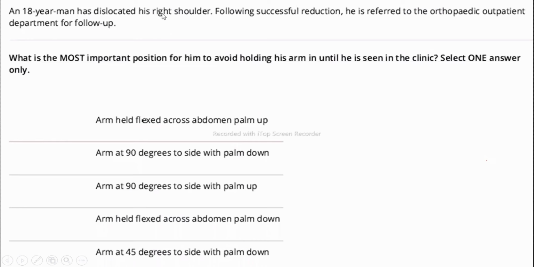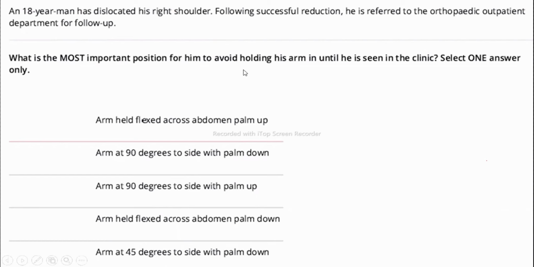An 18-year-old with dislocated right shoulder, successful reduction, referred to orthopedic outpatient for follow-up. So here, what is the most important position for him to avoid? It means you already asked him to use an arm sling and referred him to the clinic. So this patient, what advice?